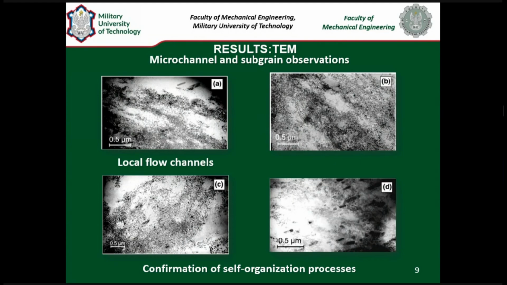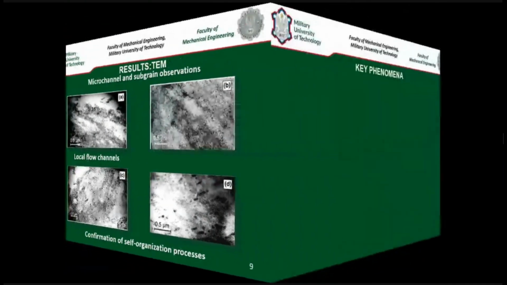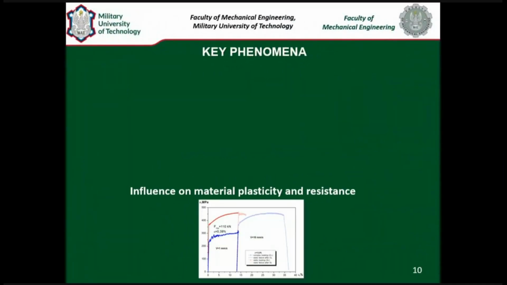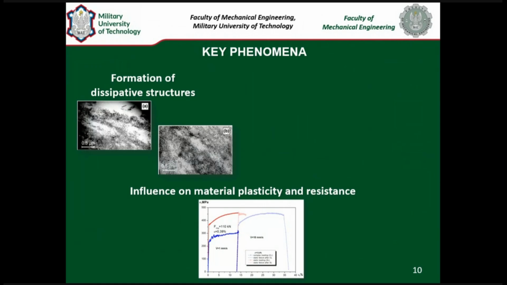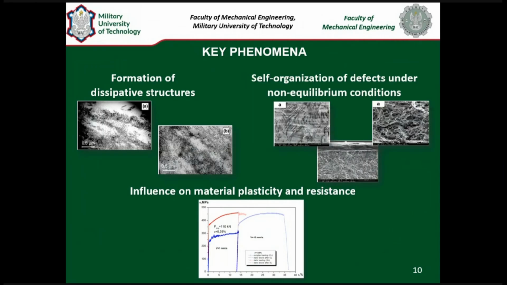The energy dissipates in the material and changes the structure. Structures form a new structure. Key phenomena of this test are the highest plasticity resistance, formation of dissipative structures, and self-organization detected under non-equilibrium conditions.